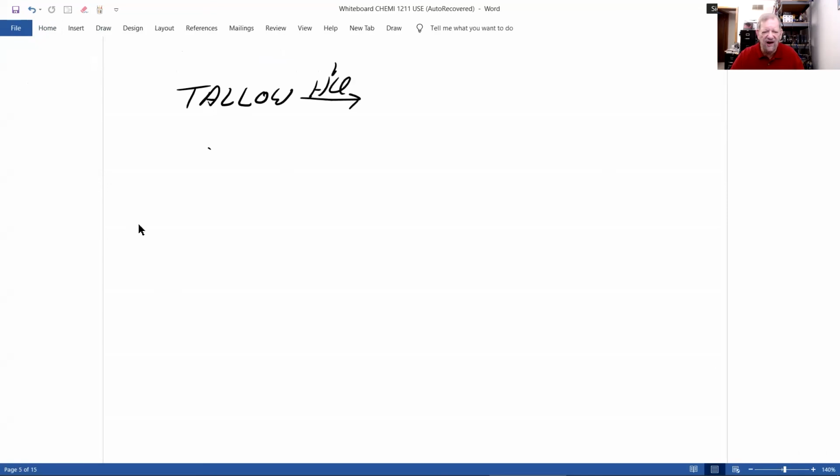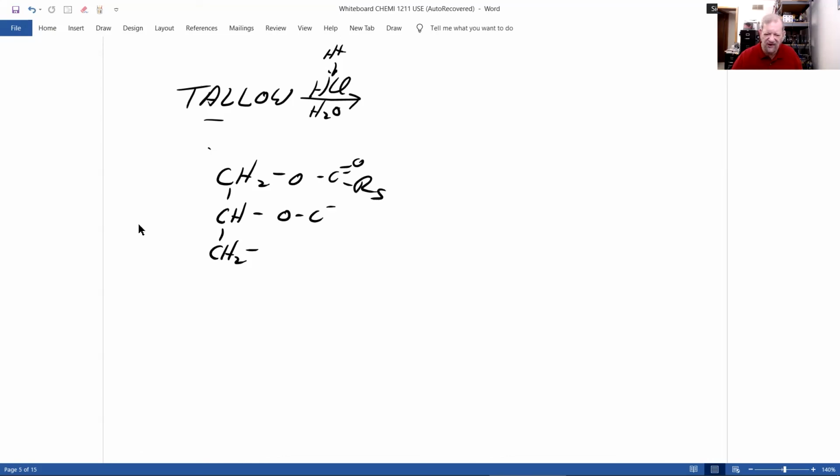I use HCl because that's the H+ in your stomach, and water. What would be the products? Well, if you see tallow or anything else, let's use this designation: this triglyceride.